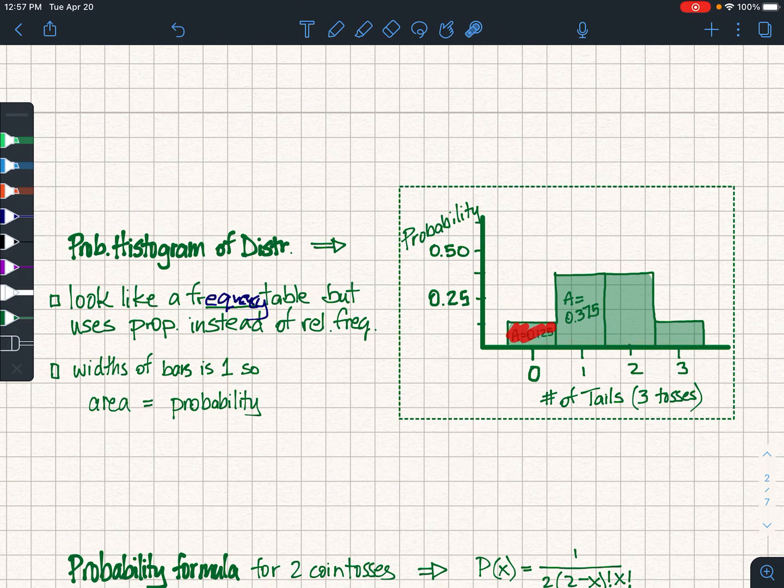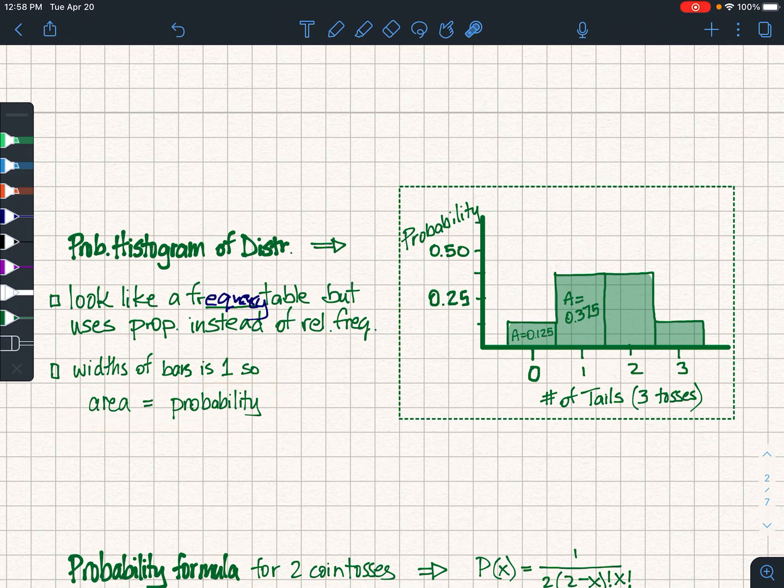So the area of each of them is equal to the probability. So for example, what is the probability of getting 2 tails? So I take 1 times my height of 0.375. That area, sorry, did I say 2? 1, yeah, 1 times 0.375 gives me my probability.